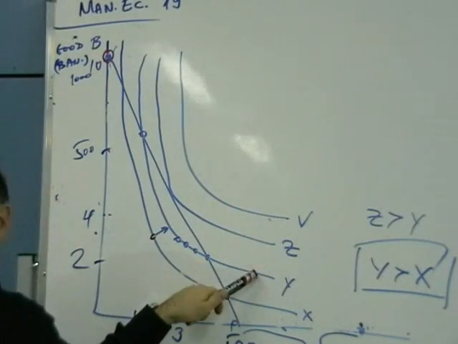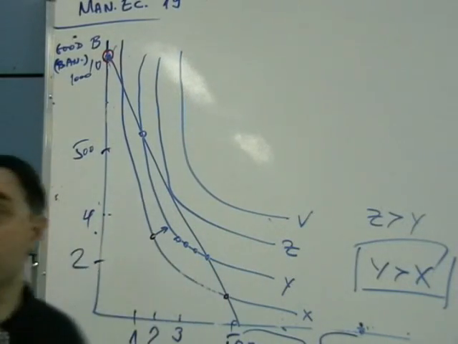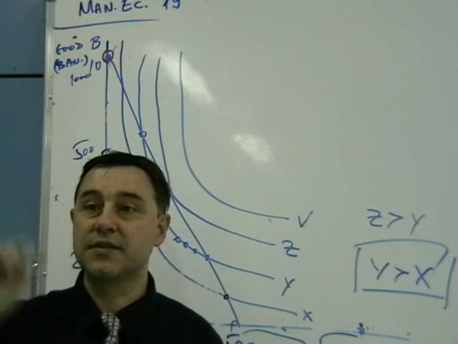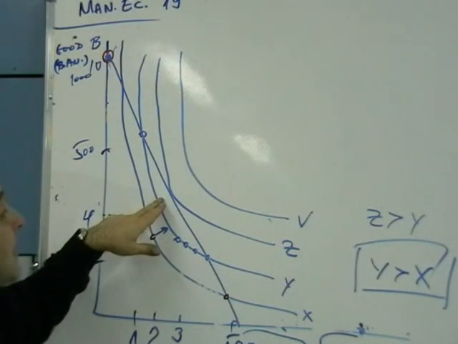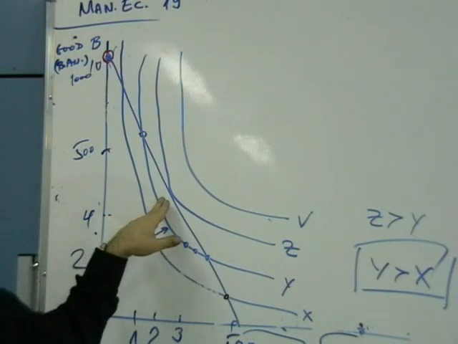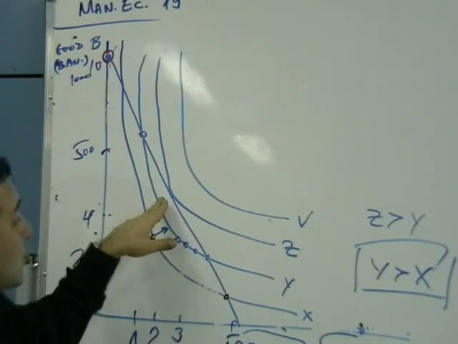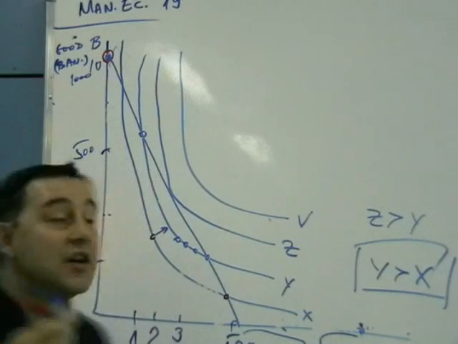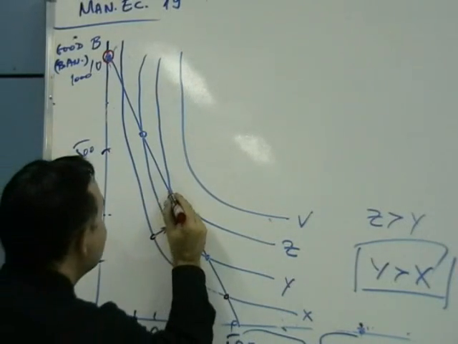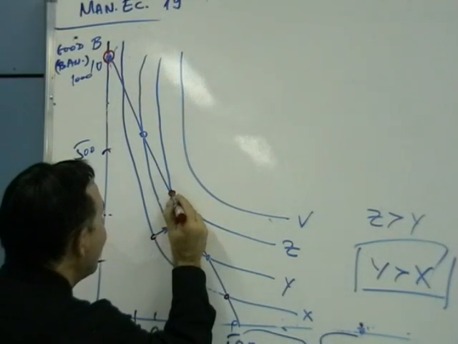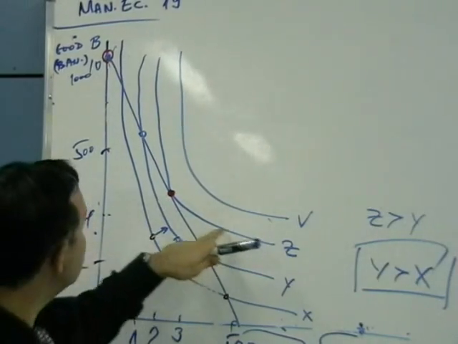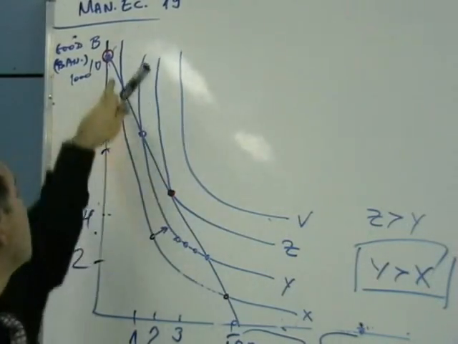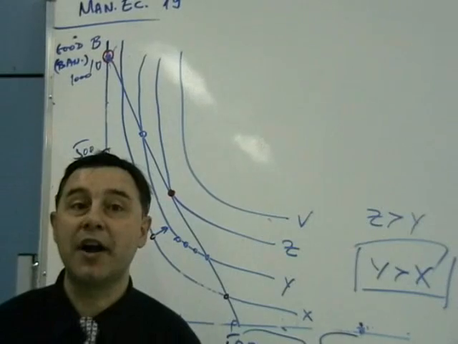Z is further out, okay? That's the first part. And the second part, is Z attainable? Can he actually consume anywhere and get Z? No, just that one point here. That's the point where Z touches the budget line.